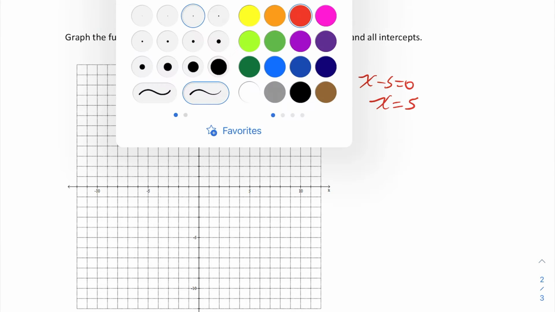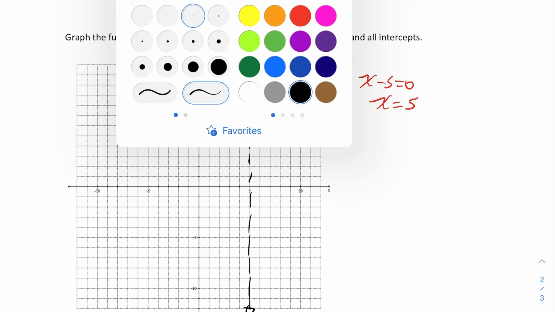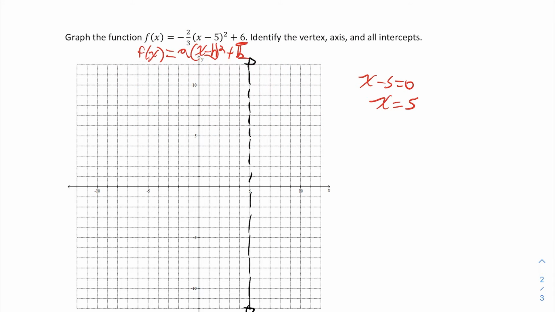So the axis of symmetry is over here. And the vertex is the point (5, 6), because k is 6, so that's 5, 6 is the vertex. This is the axis.